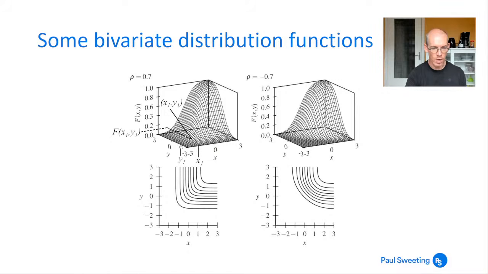Then you follow y1 and you see where that line intersects with x1. And then instead of looking at any sort of area and volume underneath anything, you simply take that point in 3D space, draw a line over to the wall at the back, and then read off the axis. And that number there will tell you what the probability of x being less than x1 and y being less than y1 is.